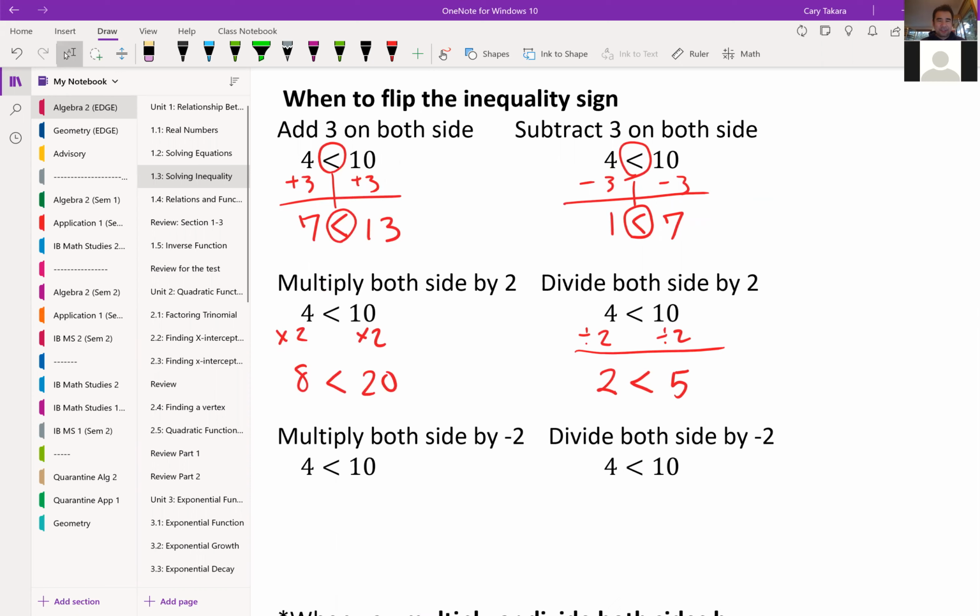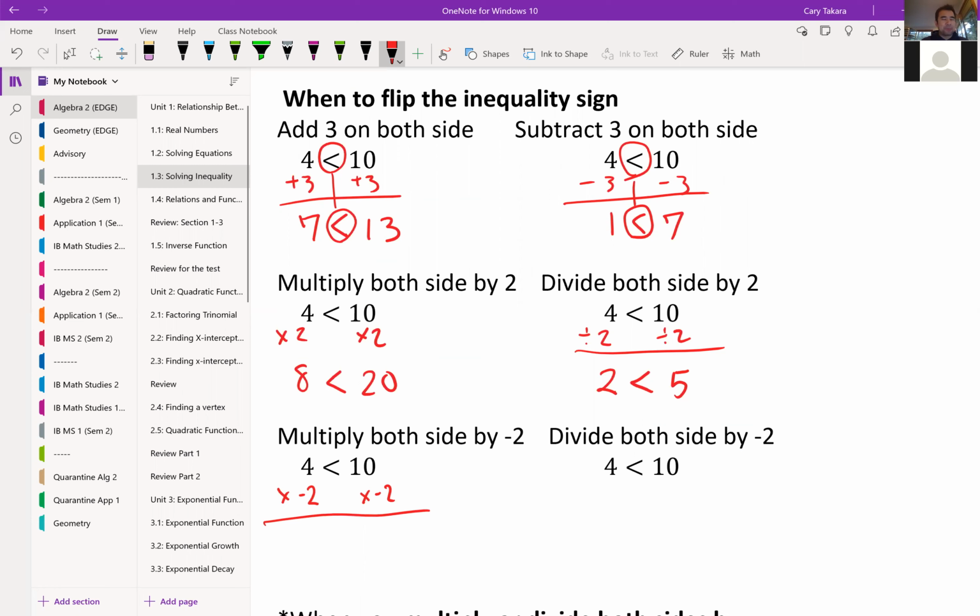Let's find out. How about if you multiply both sides by negative 2, or divide by negative 2, or any negative number? Let's see what happens. I'm going to multiply both sides by negative 2.